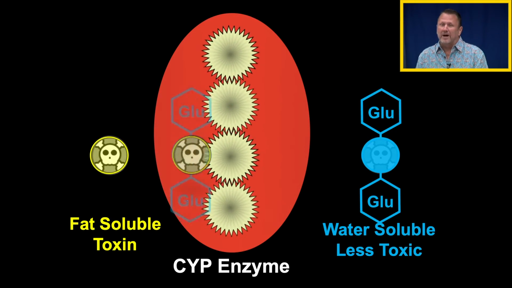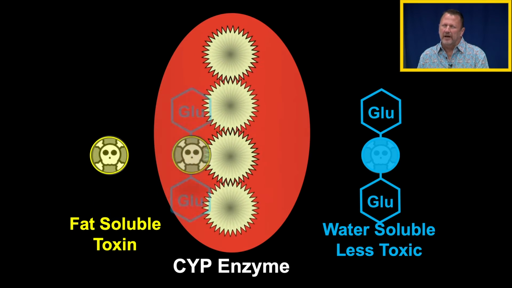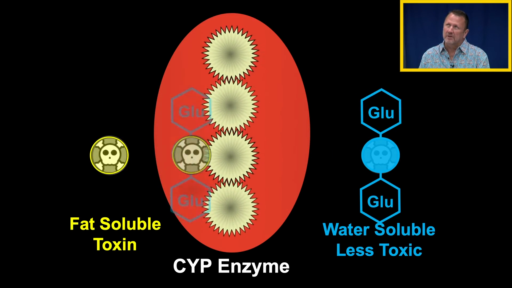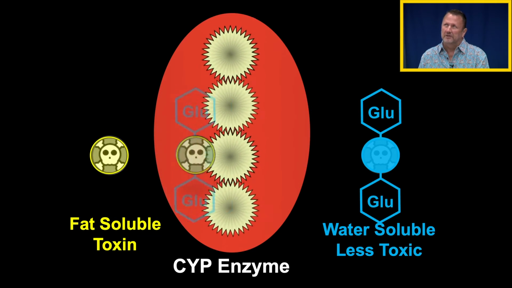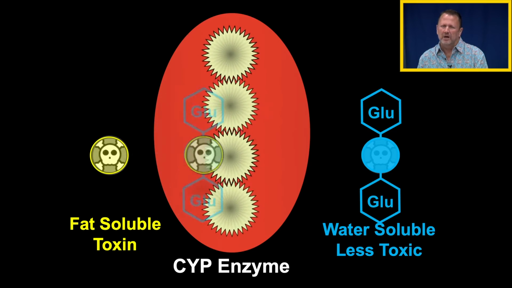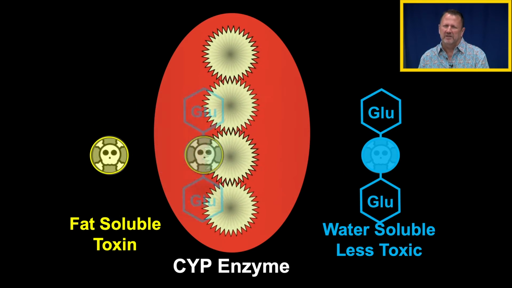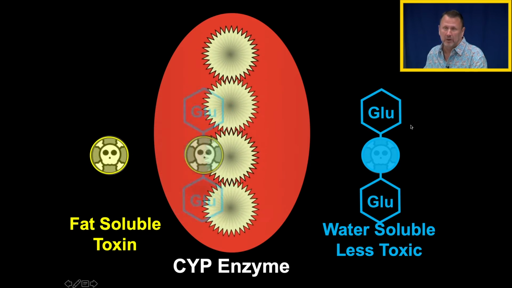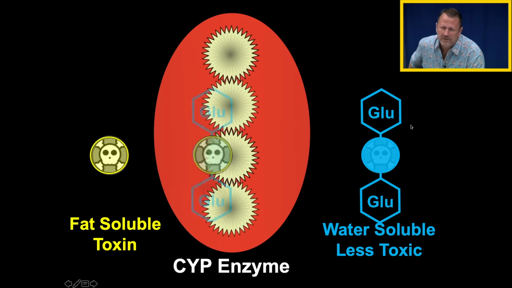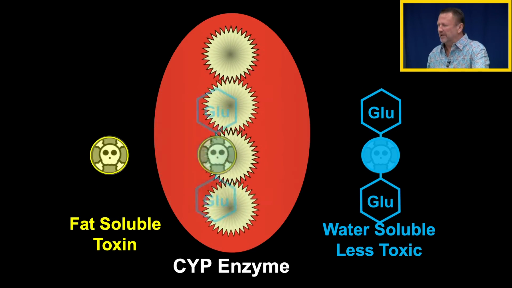All right, well, let's talk about conjugation. Again, with oxidation, there's a lot of steps. There's a lot of different ways to oxidize. They don't have to be just hydroxide groups. Same thing with conjugation. When we conjugate something, we're taking a fat-soluble substance and then we're putting these large ring structures, very similar to glucose, onto the fat-soluble toxin to make it water-soluble.